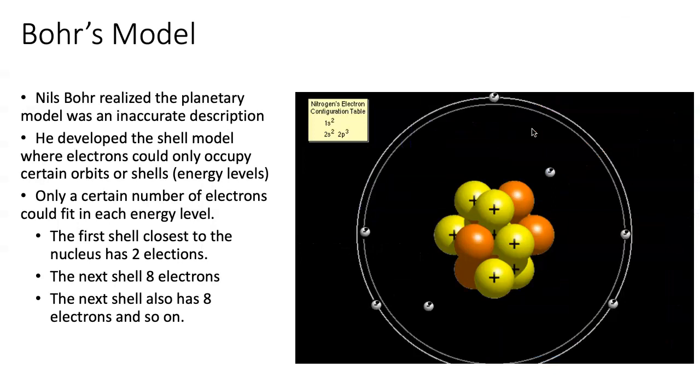Niels Bohr then developed a more complex model. He started to put together all the information that they had and decided that we have this nucleus that contained positive particles called protons, and we had electrons that were whizzing around the outside and they were negatively charged, therefore they were attracted to that positive center. And he called these shells of energy.